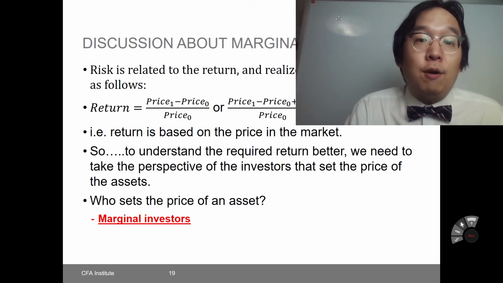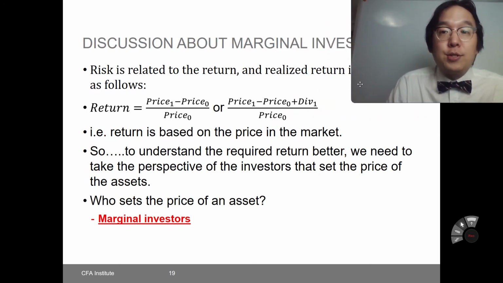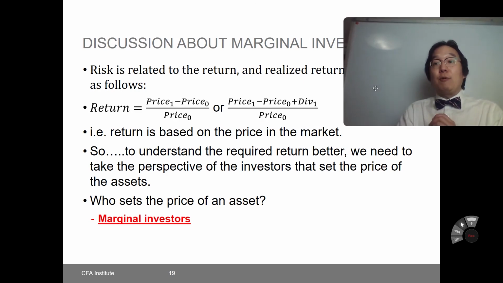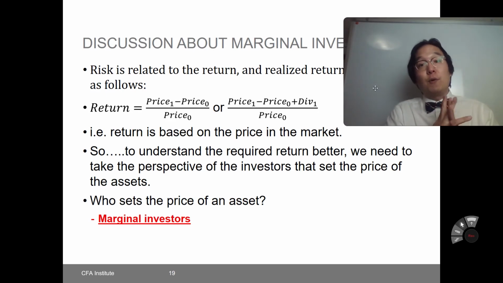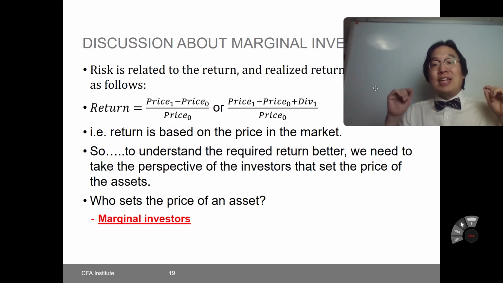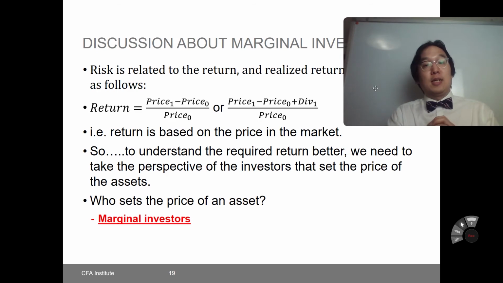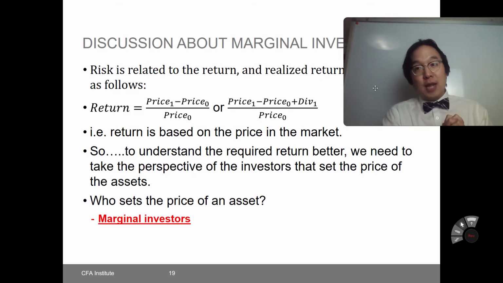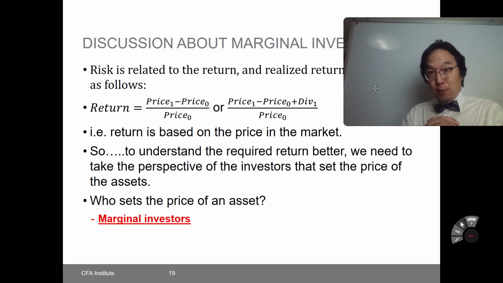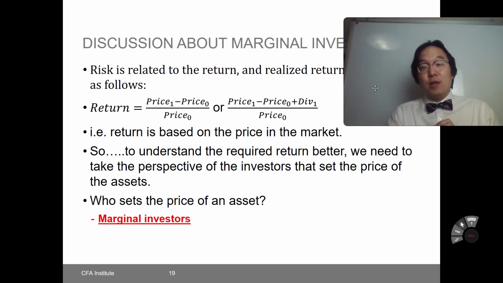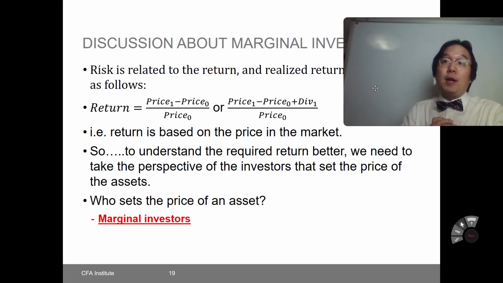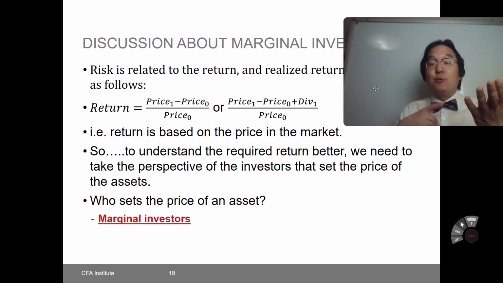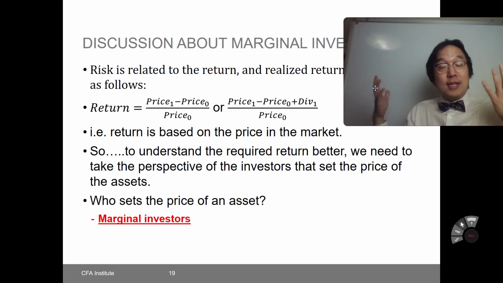Now, return is based on the price in the market, right? And so, to understand the required return better, we need to take the perspective of the investors that set the price of the assets, okay? Who sets the price of an asset? Because it's an important question. Who sets the price? Usually, in a perfect competition market, individuals like you and me are just price takers.